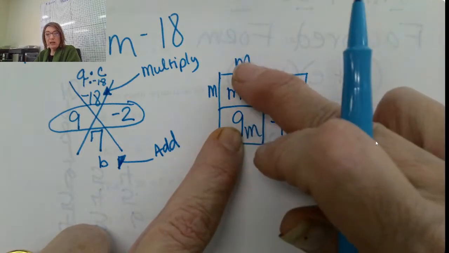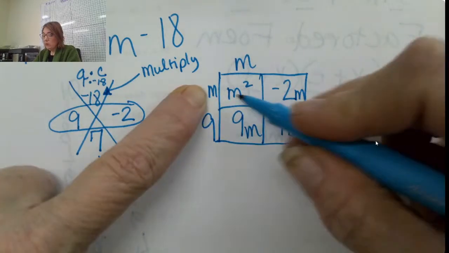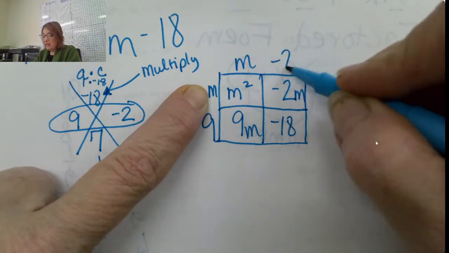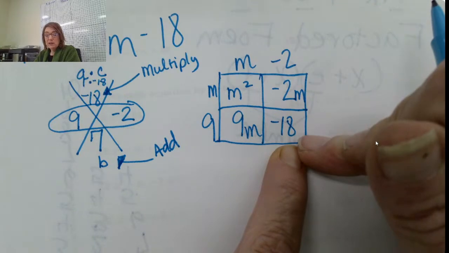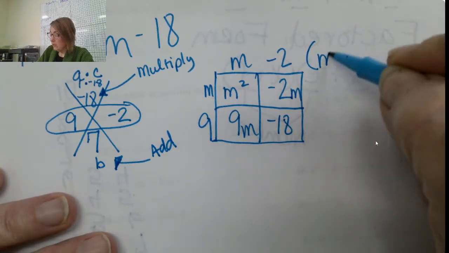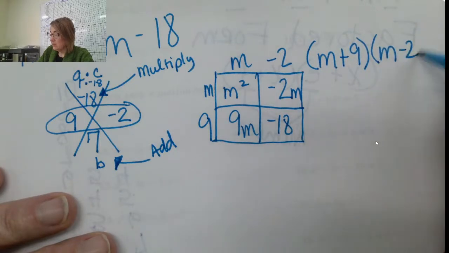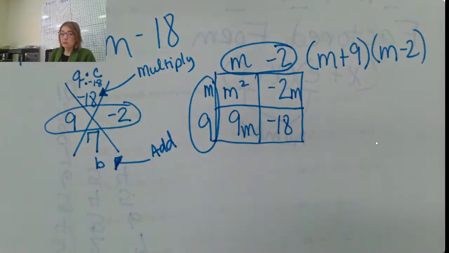What would we multiply m by to get 9m? 9. And what would we multiply m by to get negative 2m? Negative 2. Does 9 times negative 2 give us negative 18? So our factors here, which we already figured out, are m plus 9 and m minus 2. M plus 9 and m minus 2.